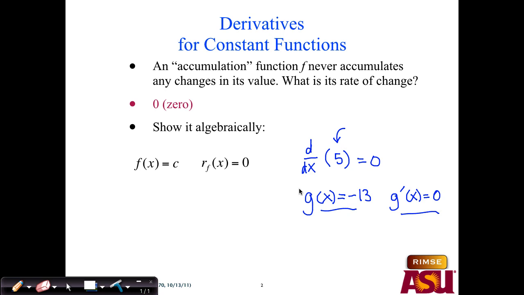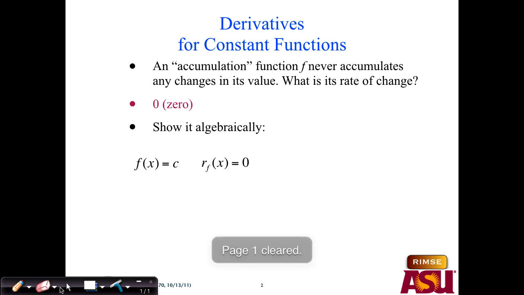So an expression, some sort of computation, or in this case, not a computation, just the number 5, regardless of what this might be the rule for, like y equals 5, or h of x equals 5, or whatever it might be, if I take the derivative of this function rule, that's just simply the number 5 in this case, that function rule's rate of change, regardless of what that dependent variable may be called, with respect to x, which doesn't even appear here, this is 0. No matter how much I change x, 5 doesn't change.